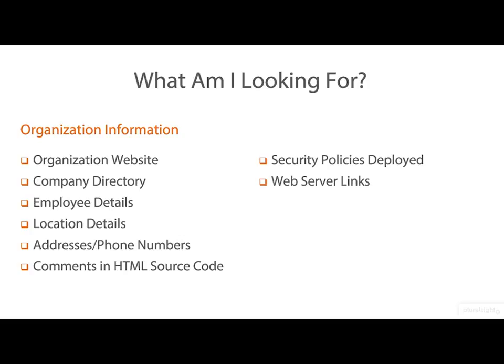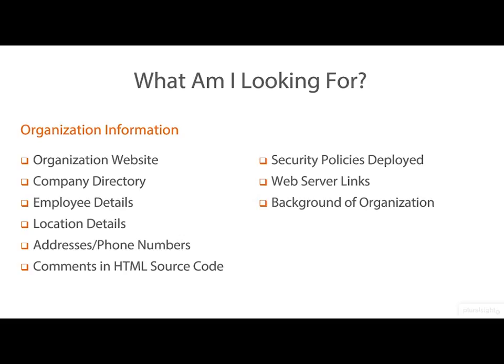I'm going to go through and take a look at different server links, meaning on their website, where are they linking off to as you navigate around, or how are people coming into their server from other websites? This could help me to determine if they've got a partner relationship with another company. Maybe that's going to be my target, their partnering company, which is going to have some type of trust relationship or some type of connectivity back to my original target, and I can daisy chain through them.